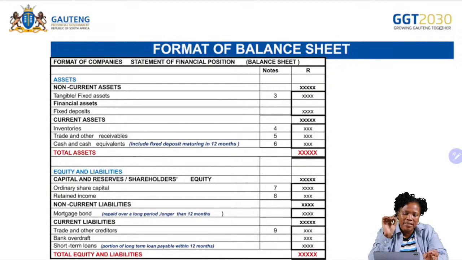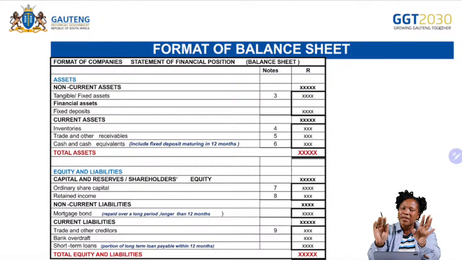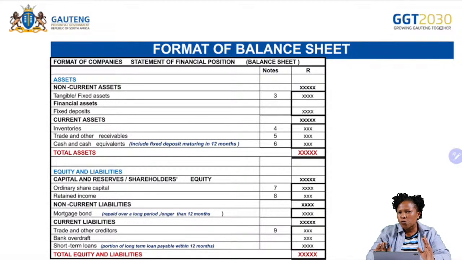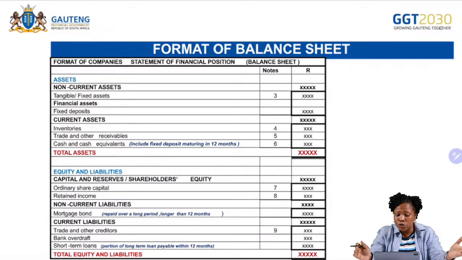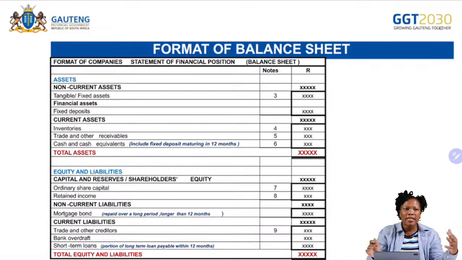Let us say maybe in this case, you were given many missing figures from your assets, and the figures that were given to you for your equity and liabilities, according to the information that is given to you, are sufficient, then you will work from the bottom. You will take this amount, normally your capital and reserves or your shareholders' equity.